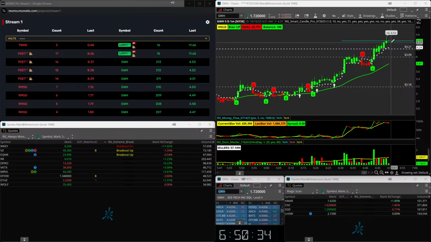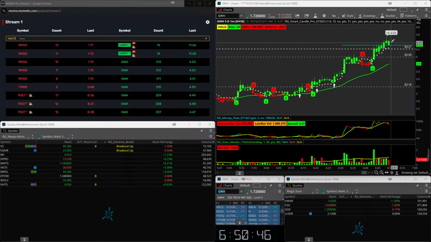We're into a pool of sellers right here at this price. There's probably about 30,000 shares to be sold right here at 440. So it's going to struggle to get any higher. Might be 50,000 shares to be sold up there.